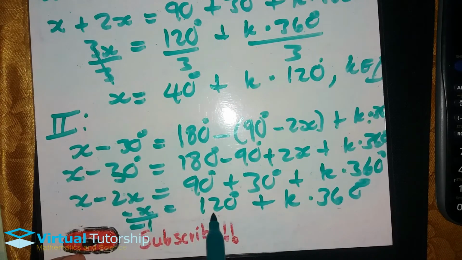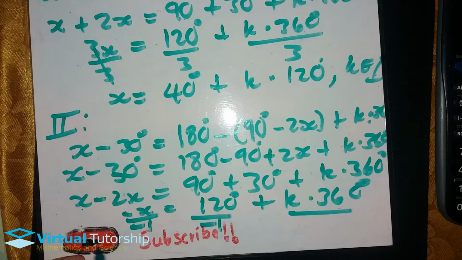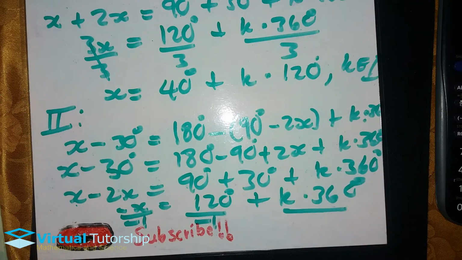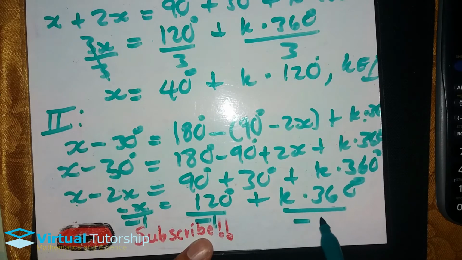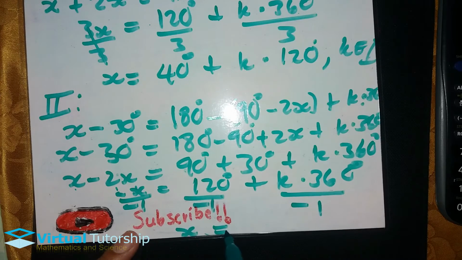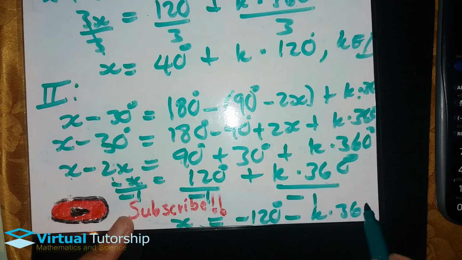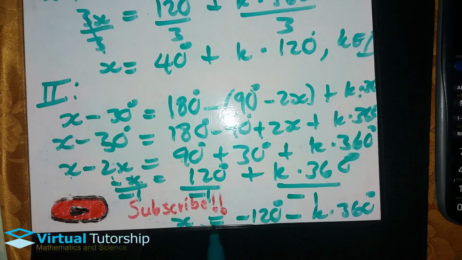So I'll divide both sides by negative 1. Minus 1 is equal to, so a negative divided by a negative I get positive, equal to minus 120 minus k times 360 degrees. So that's my general solution, right?